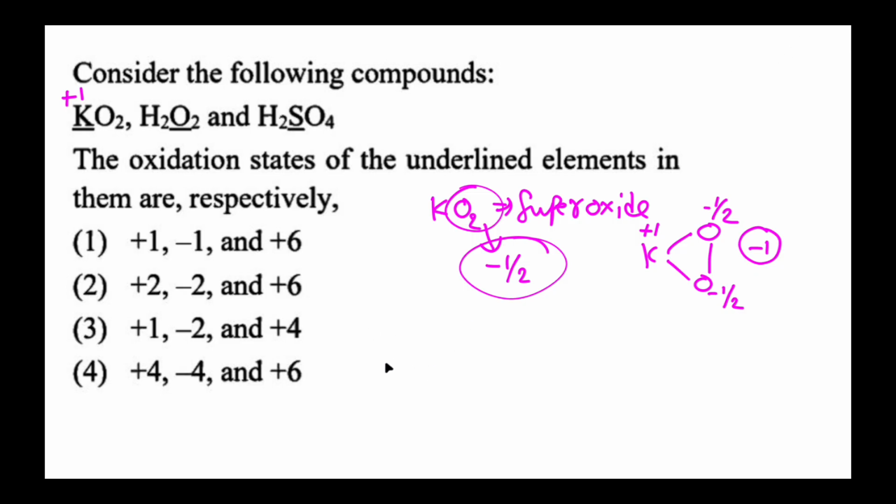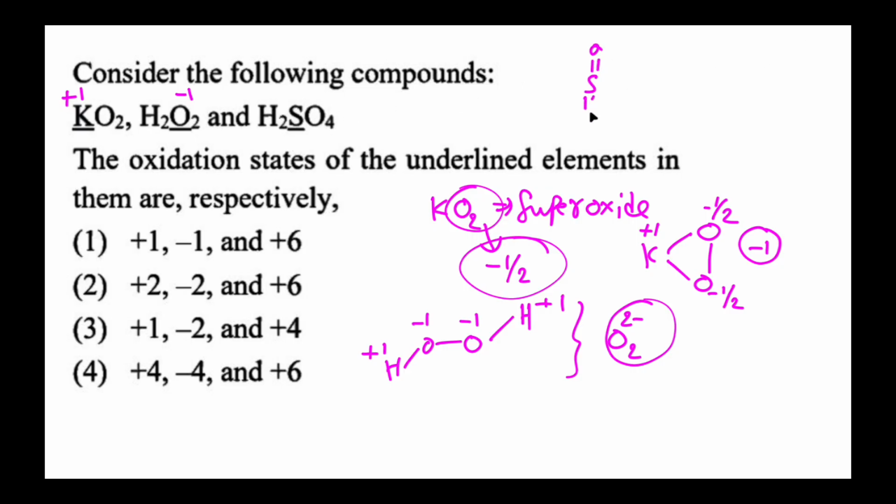Then H2O2, this is hydrogen peroxide. In hydrogen peroxide, each oxygen carries -1 oxidation state and each hydrogen carries +1. It has a peroxide linkage containing the O2 2- ion, so each oxygen carries -1. Then sulfuric acid, the representation is like this.